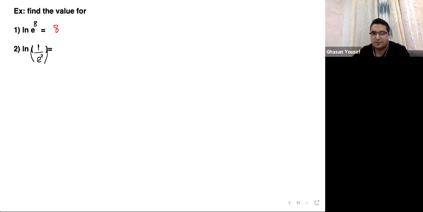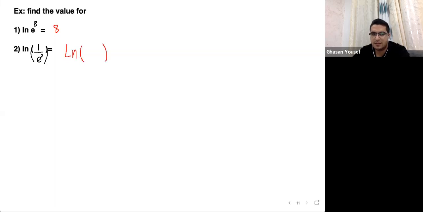For the second one, this is a little bit harder than before, but it's easy. This is equal to ln of what?